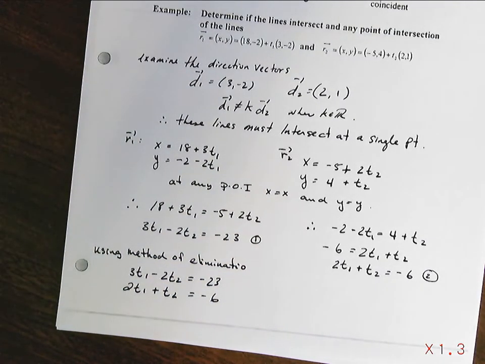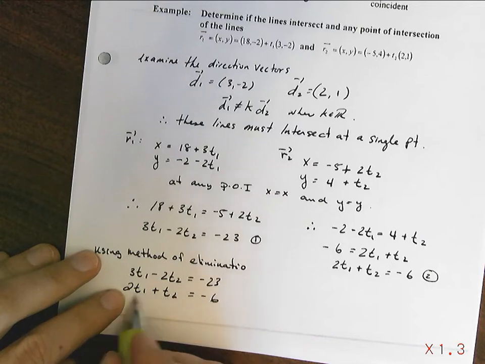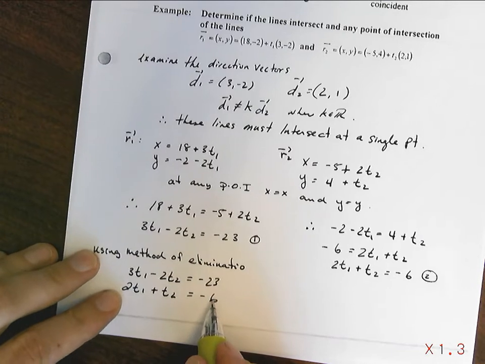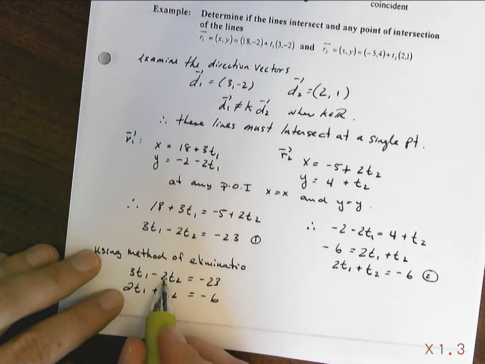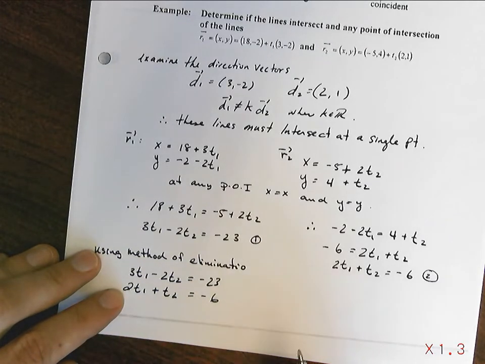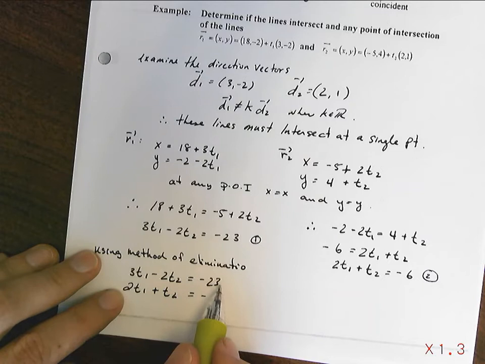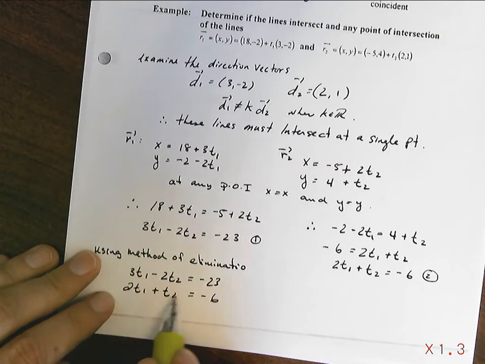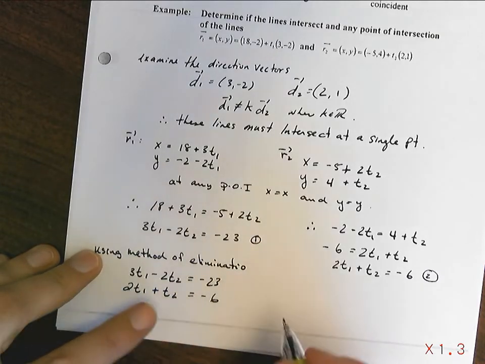Now I want to change it so that the coefficients in front of one of the variables is the same. If I multiply the bottom one by 2, I'll get 4t1s, and 2t2s, and negative 12, which means I'd then be able to add them, and the negative and positive t2s would cancel out, leaving me with only t1s. Or I can multiply the top by 2 and the bottom by 3, and I'll get 6t1s and 6t1s, and then reduce them. It doesn't really matter.